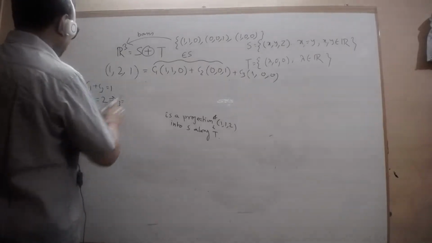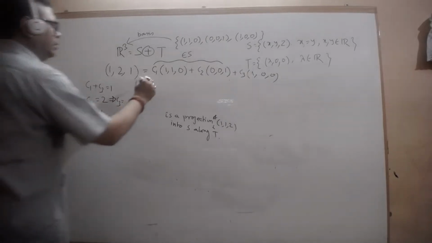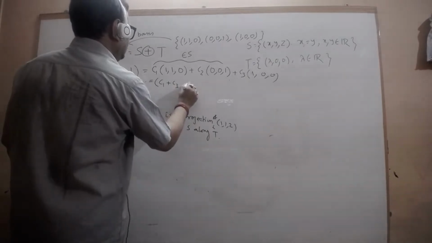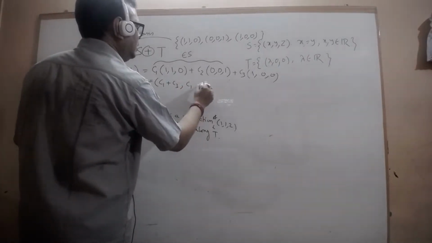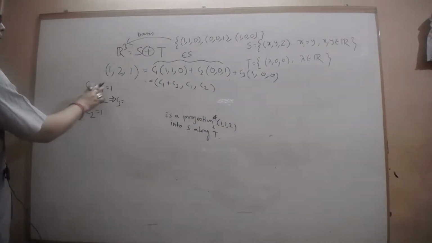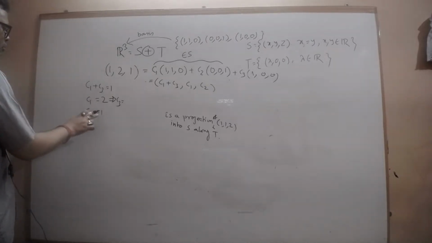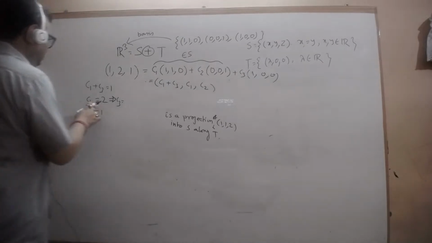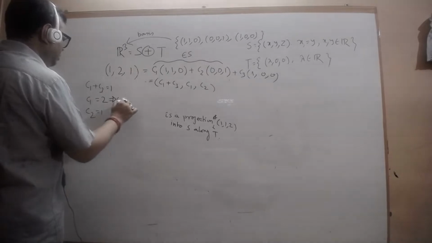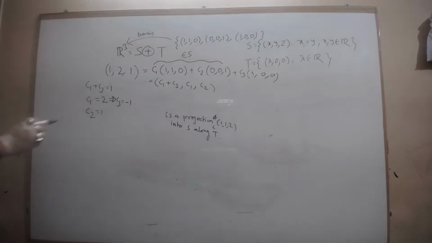Sorry, C2 equal to 1. Now C1 plus C3 equal to 1, C1 equal to 2, C2 equal to 1, then your C3 equal to minus 1.